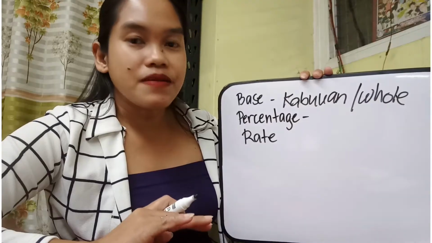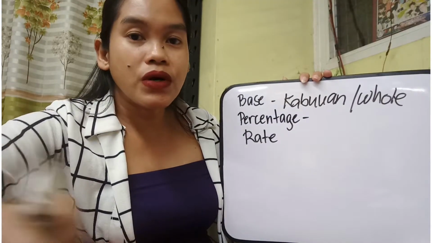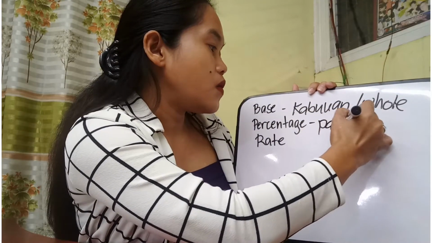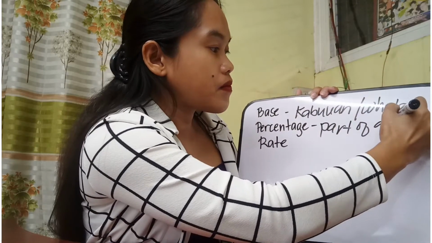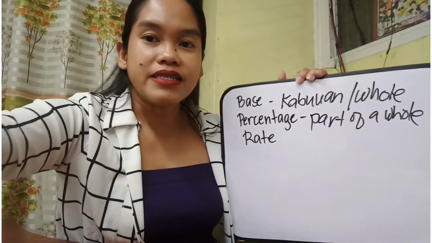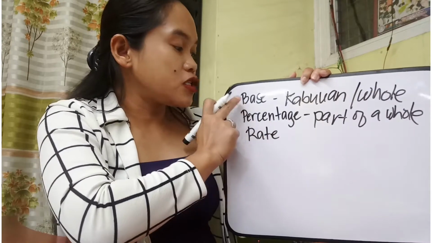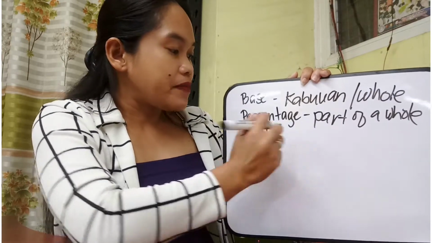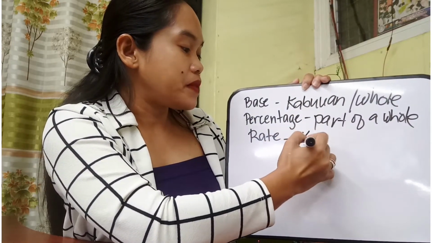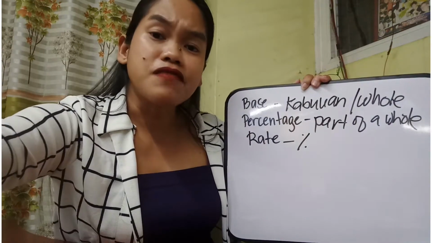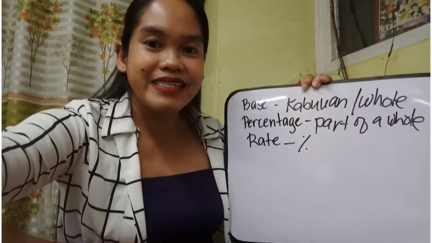Si percentage is siya yung parte ng kabuuan, part of a whole. Si percentage is parte siya dito ni base. And pagkatapos, si rate is siya yung may percent na sign. Makikita niyo siya, meron siyang 3%, 5%. Yung ganun, ang tawag sa kanya is rate.